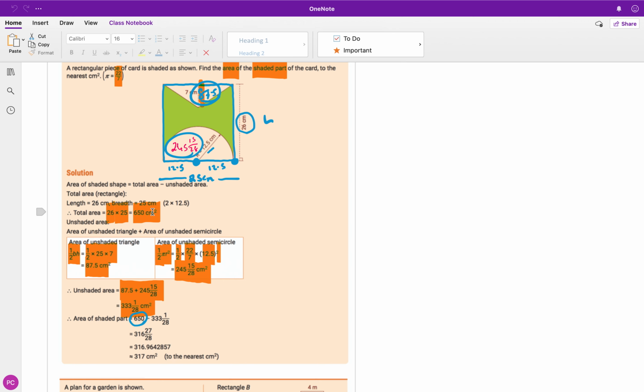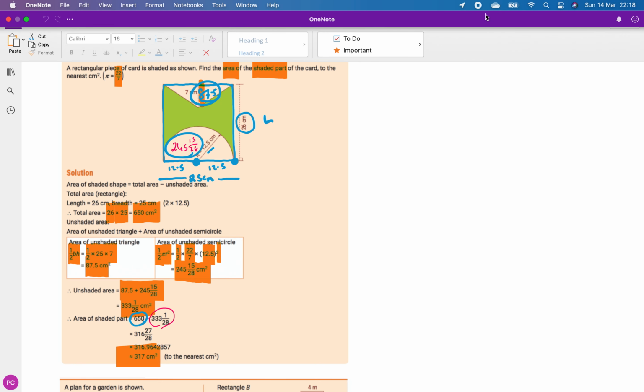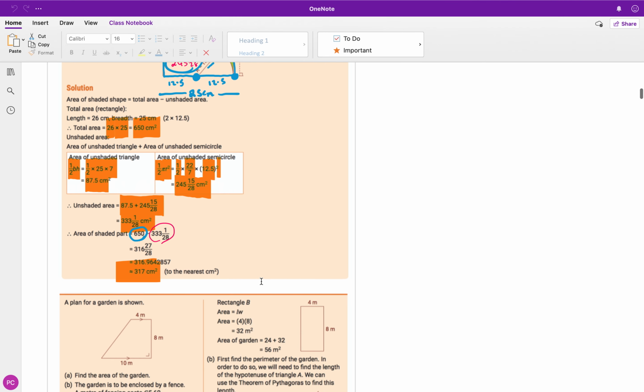We take away the area of the unshaded bit, and that will give us the area of the shaded bit, which is 317. Okay, so you really got to take your time with these. Go step by step, nice and slow, and it will work out for you.